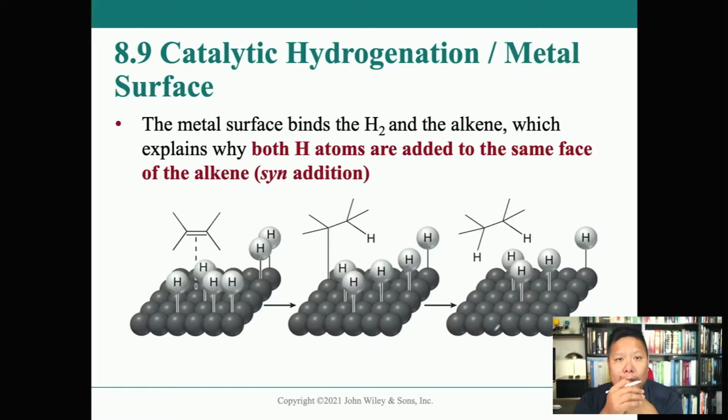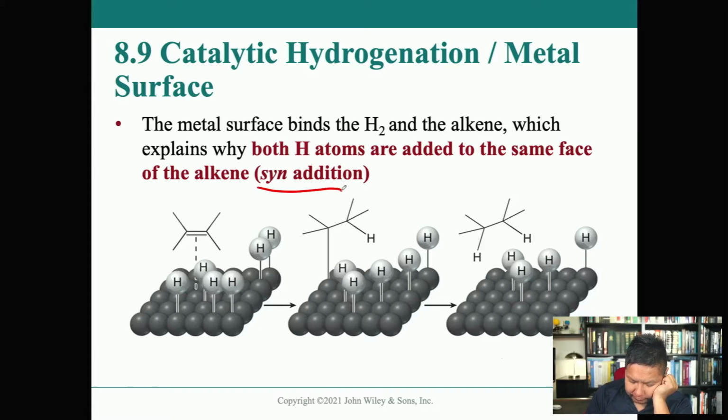This is a close-up of platinum and an alkene approaching platinum, with some hydrogen gas bubbled in. In the reaction, the metal surface binds to the hydrogen gas and then the alkene. That explains why the hydrogen atoms are added to the same face of the alkene, called syn addition.